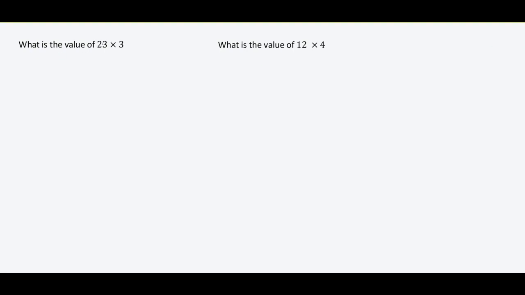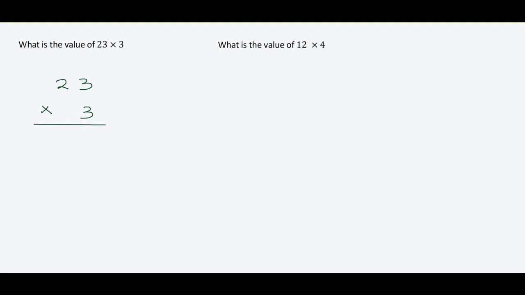We have 23 multiplied by 3. One important thing to be able to do before you get into this topic is you should know your multiplication facts, or some will call it your multiplication tables. So we have 23 multiplied by 3.